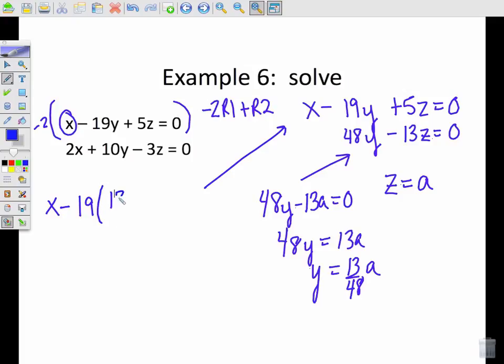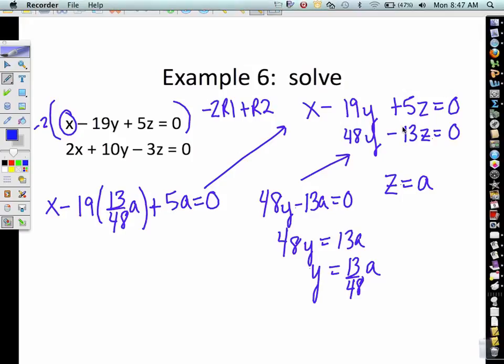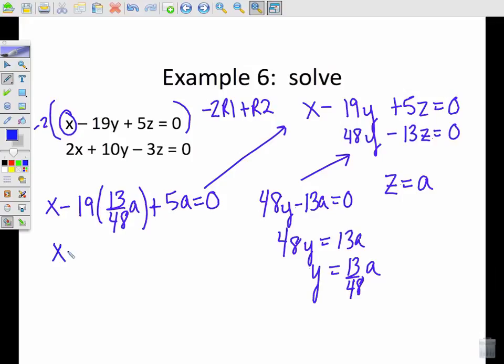So x minus 19 times 13/48 a plus 5 times a equals 0. We're going to distribute here the 19 times 13, which is 247a over 48 plus 5a equals 0.